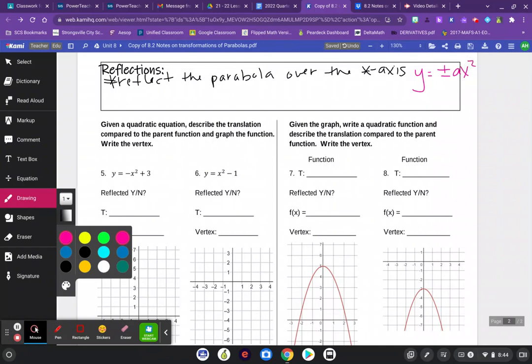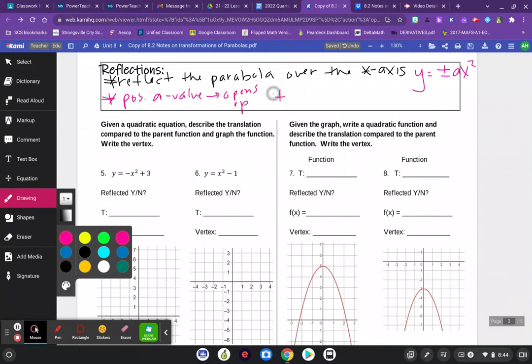And what I mean by the fact that we've already talked about this is the fact that if a is positive, so if I have a positive a value, my parabola opens up. And we know that.